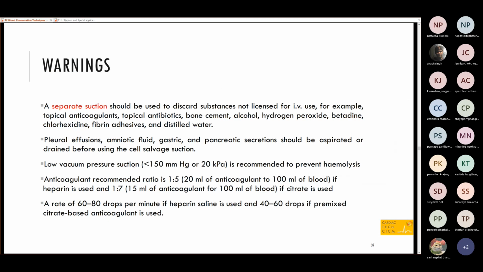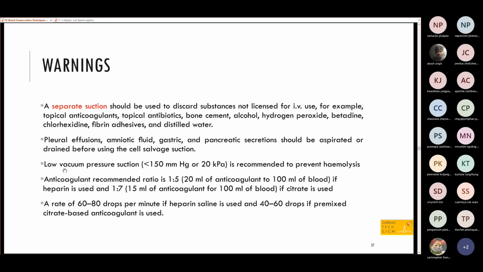So the warning is that here you need to avoid some contaminants or some agents that we don't want to suction back into the circuit. Also some fluid.